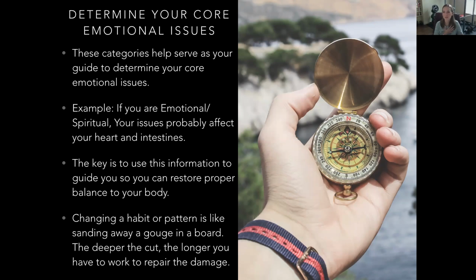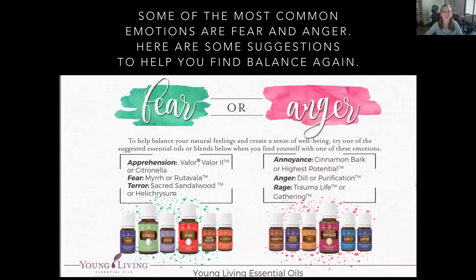So if you have some key emotional issues from maybe deep past trauma, or something that happened to you over and over again, you're not going to smell a bottle of oil and say, I've released this, and it's all gone right away. It's something that you will probably have to work at on a continual basis until that new neuropathway and that new way of relating has been created and those emotions are released and your body is restored to balance.